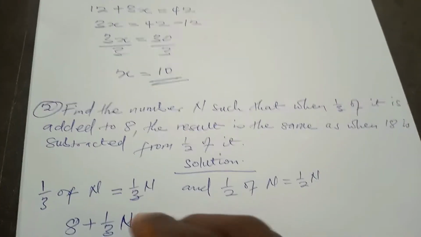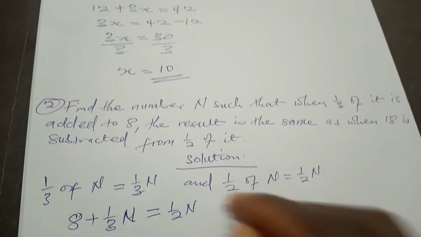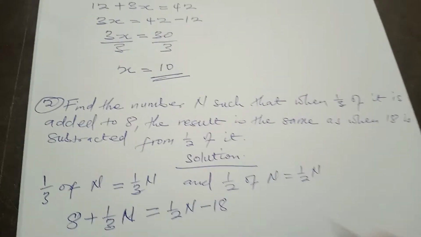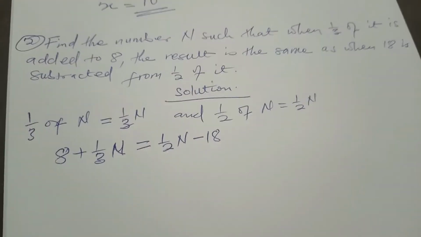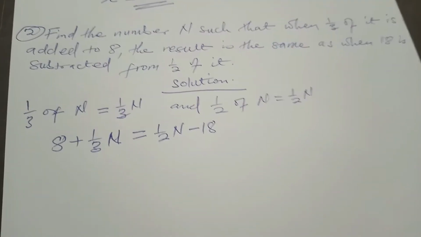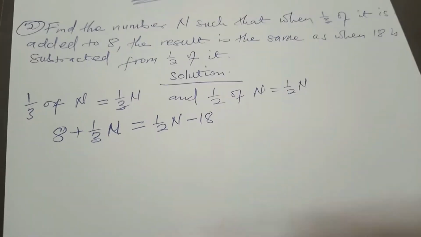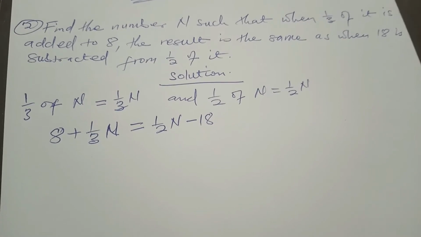So that is equal to 1/2 of it first, then minus 18, because they said 18 is subtracted from it. And again, you can just go back and check my video on forming algebraic expressions, and these are clearly stated. So now that we have our equation, our aim will be to make n the subject.